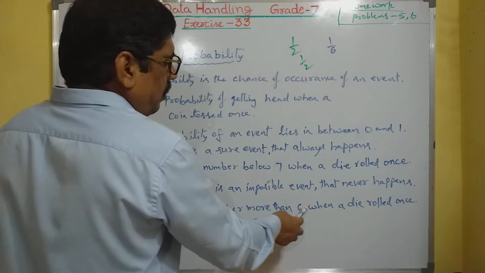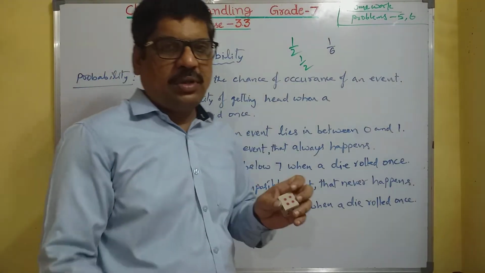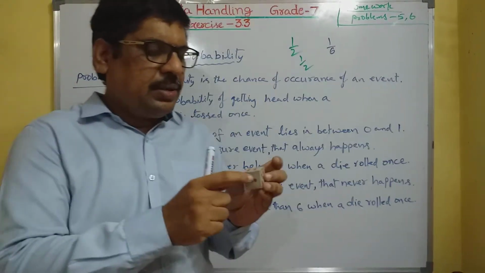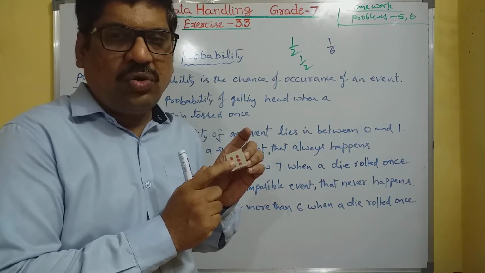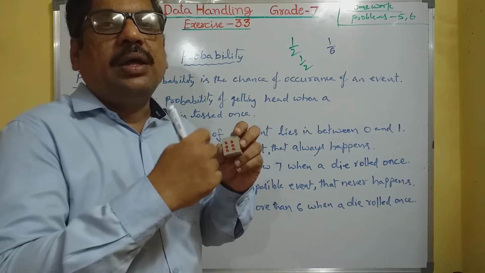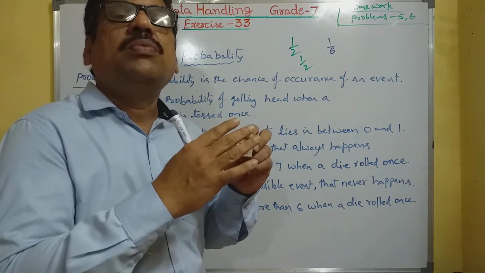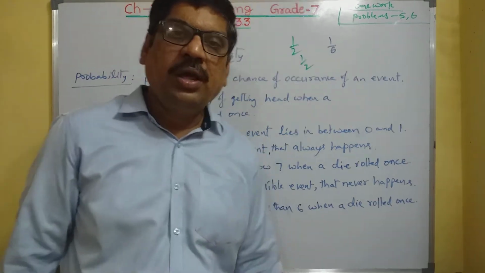Getting a number more than 6 when a die is rolled once. And that I have already explained. Here the maximum number of dots on a die is 6. So you don't have a chance to get a number of dots more than 6. So that is an impossible event.